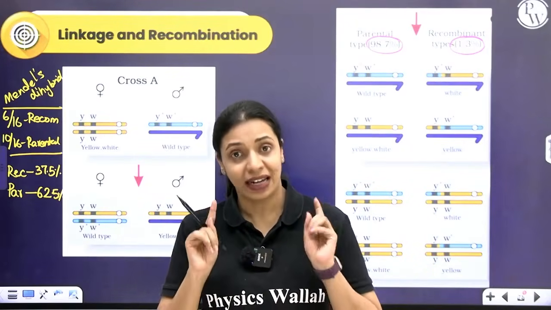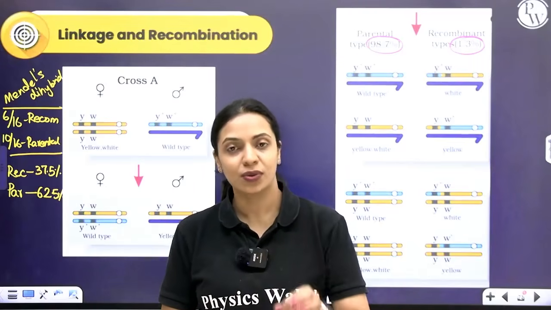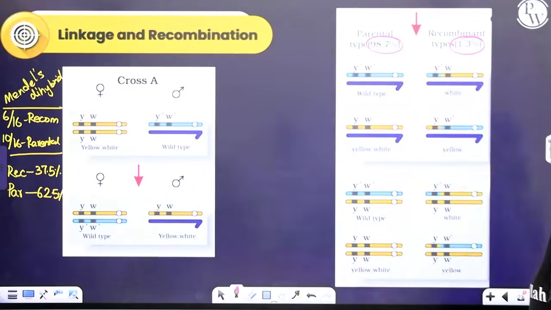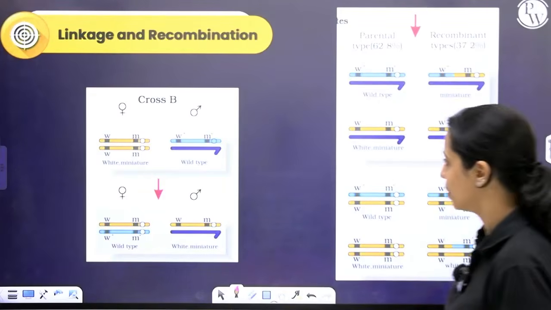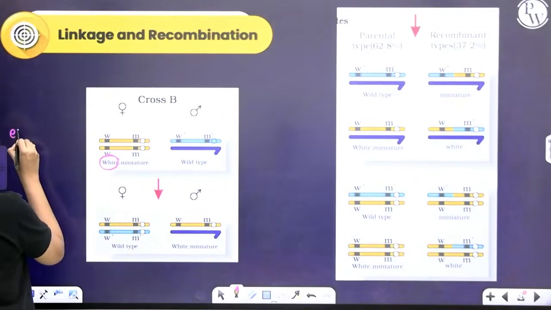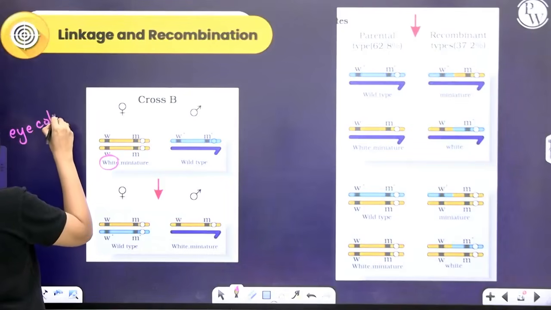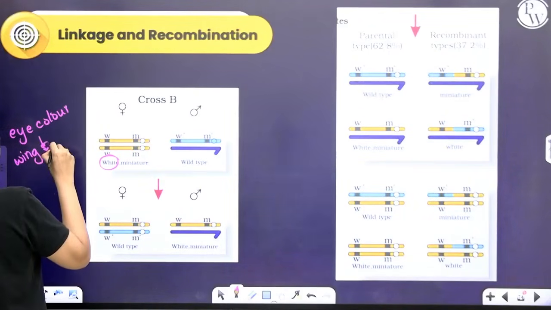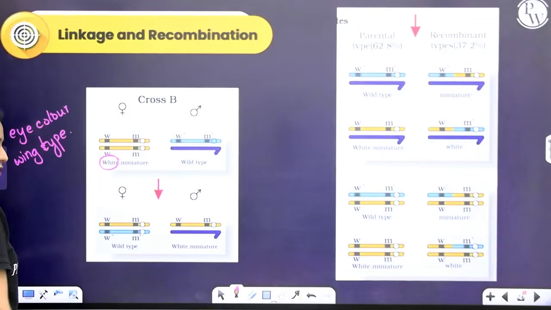He performs another dihybrid cross using fruit flies itself, using 2 other characters. This time he chooses the color of the eyes, eye color, and wing shape or wing type, if the wing is normal or miniature.